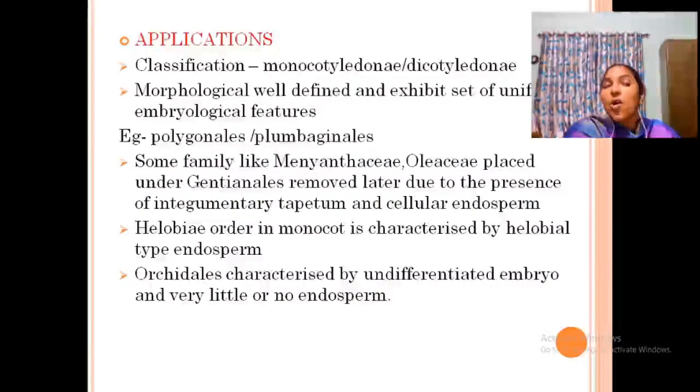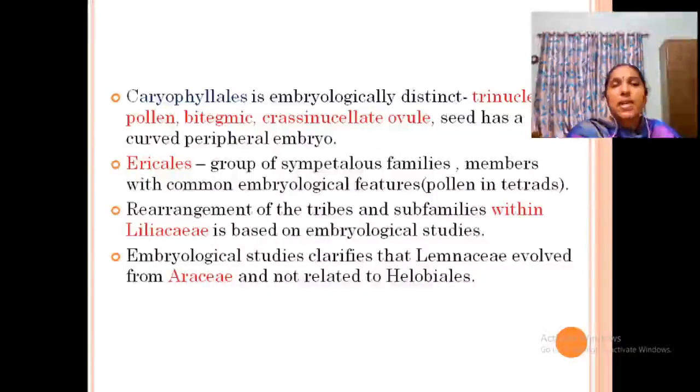Then another one, Orchidaceae with undifferentiated embryo. You studied it with microspermae, the character. That is also very significant in studying taxonomy, the role of embryology. Understood? Then one more example, Caryophyllales. Its peculiar features are trinucleate pollen grains, crassinucellate ovule, curved seed with curved embryo, etc. Then Ericales is characterized by pollen in tetrads.